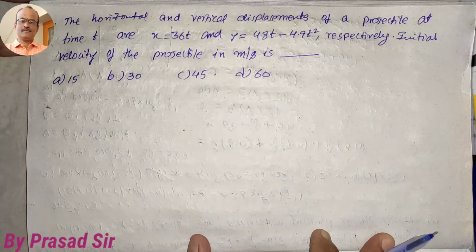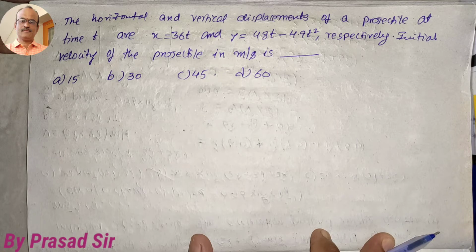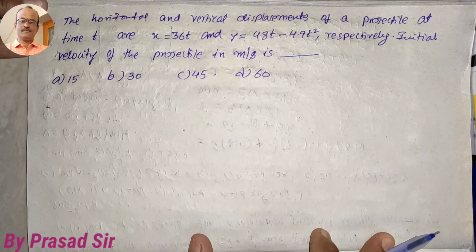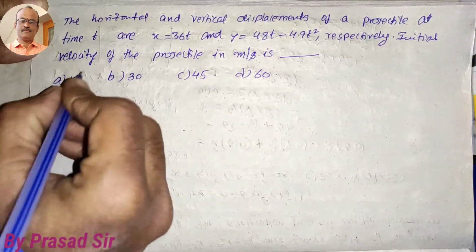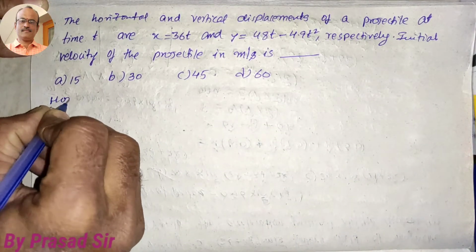Now the question number 34. The horizontal and vertical displacements of a particle at time t are x equal to 36t and y equal to 48t minus 4.9 t square respectively. Initial velocity of the particle in meters per second is how much? So first of all, I will take horizontal displacement.